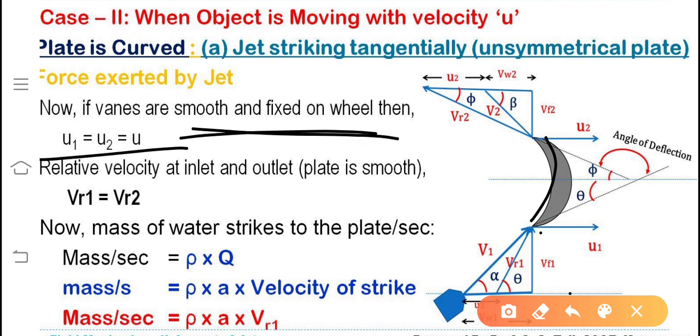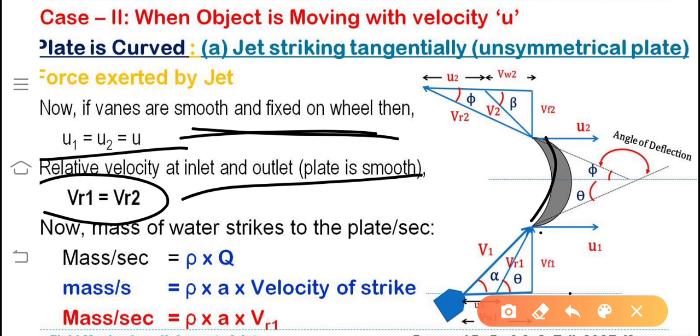u1 is equal to u2 is equal to u. Relative velocity at inlet and outlet when the plates are smooth, they are equal. Vr1 is equal to Vr2. If not, Vr2 is equal to K multiplied by Vr1. So if the K value is given as 0.9 or 0.89 or 0.95, you have to multiply it. It means a little lesser, there will be some loss. That is the overall meaning. If the plates are not smooth, there will be more friction.